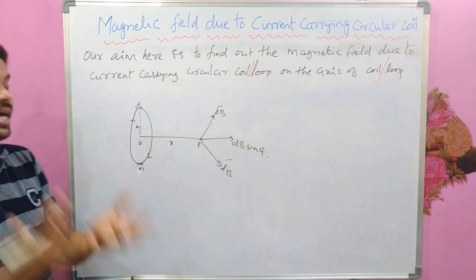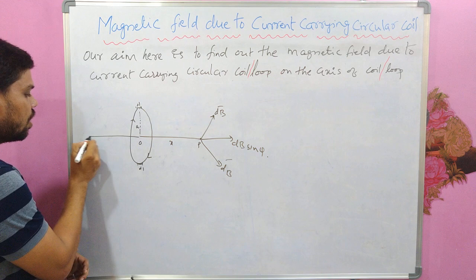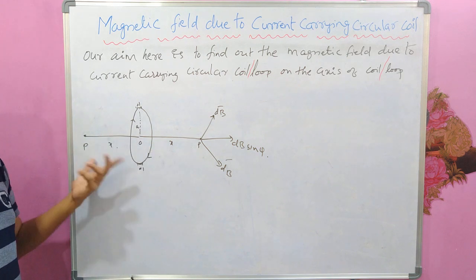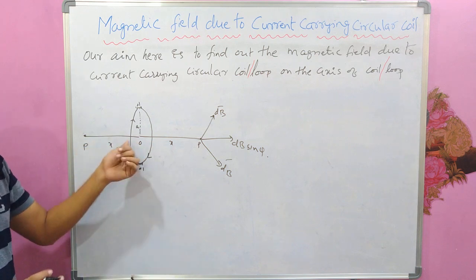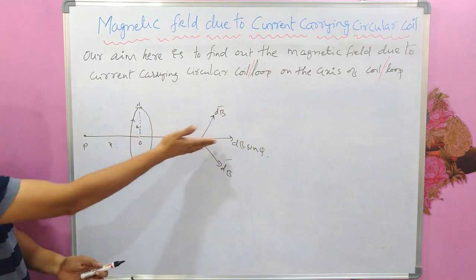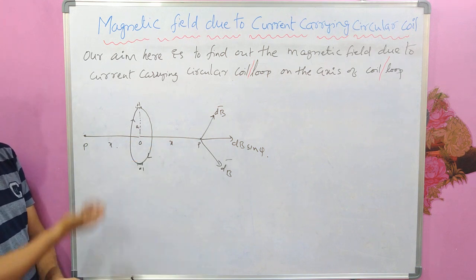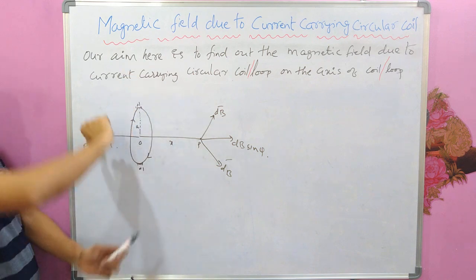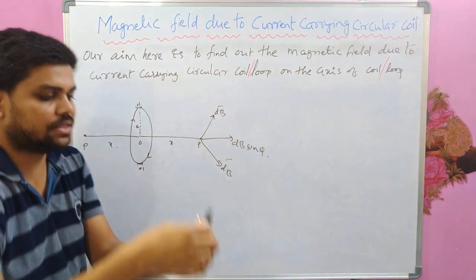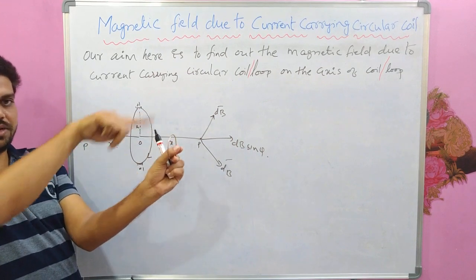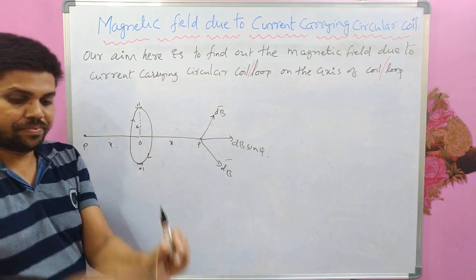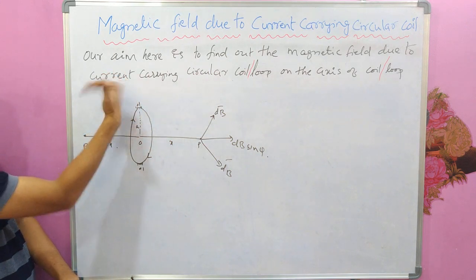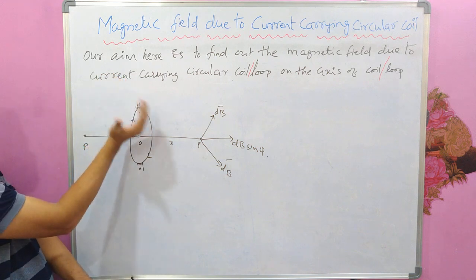Now what about the direction of the magnetic field on this side at the same distance? For example, the point is at the same distance from center O. Whatever the direction of this magnetic field, for that what do we have to take? The current here is outwards, because I have imagined a current flowing in this clockwise direction. If I am looking from here, concentrating on this side, you can curl your fingers like this.